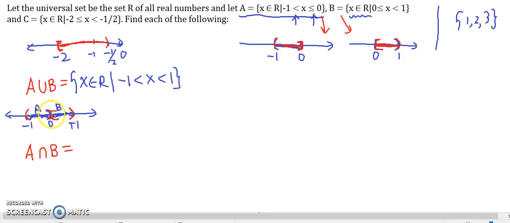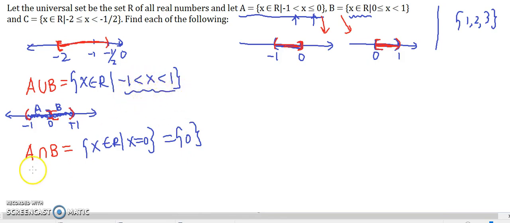As you can see, there's only one number that's in both sets, in both ranges. That's the number 0. So there's only one number, which is 0. Well, I guess we can still use this format, x equals 0. Or you can just list 0 because there's only one number. We don't have to describe it. We can list it. Over here, there are infinitely many of them, so I had to describe it.